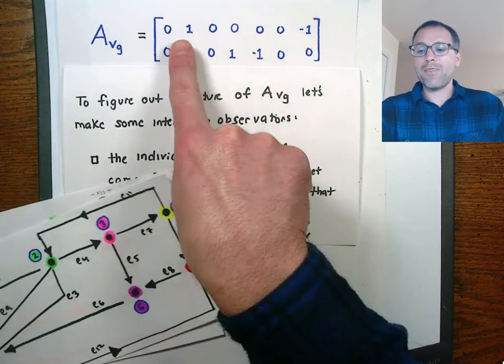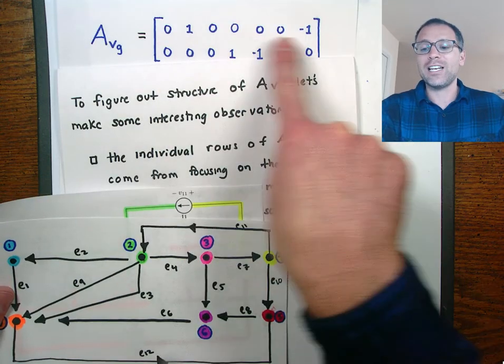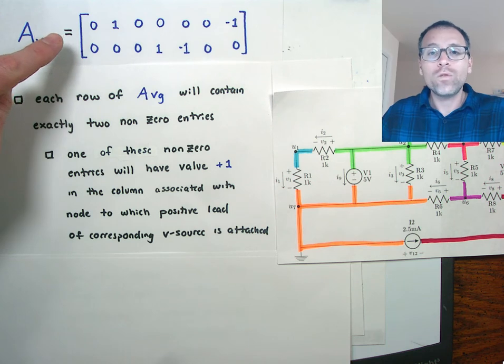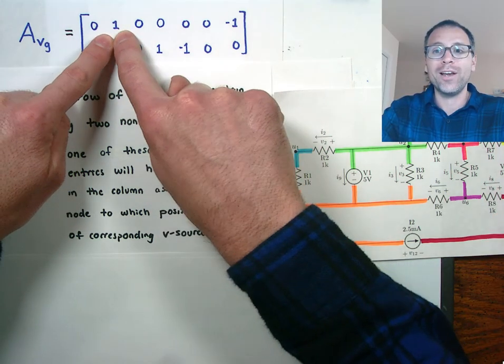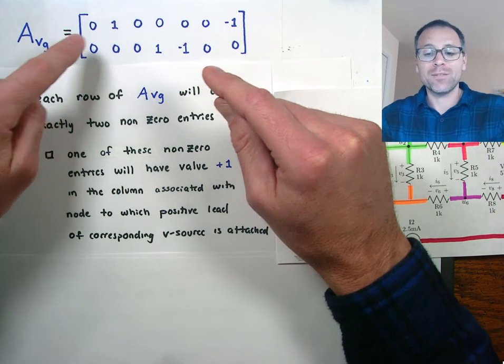When I look at this matrix, the information about connectivity is encoded in each of those rows. Not only that, but every row is going to have only 2 non-zero entries. Those non-zero entries are going to be +1 and -1 based on the definition of that incidence matrix.